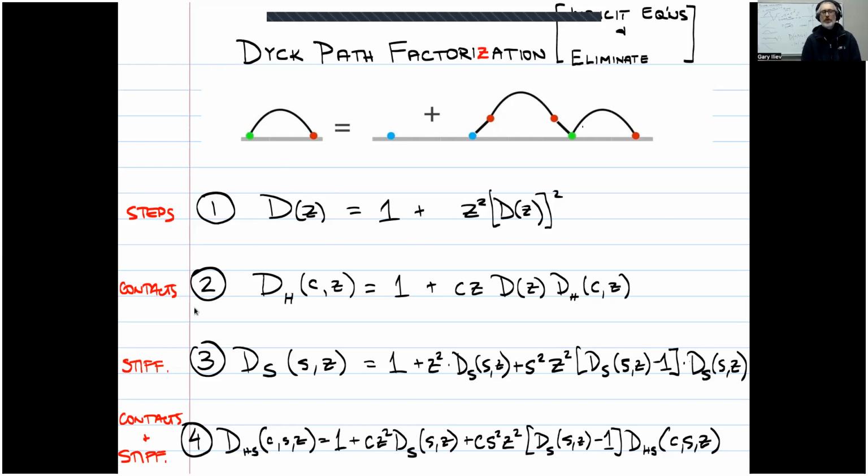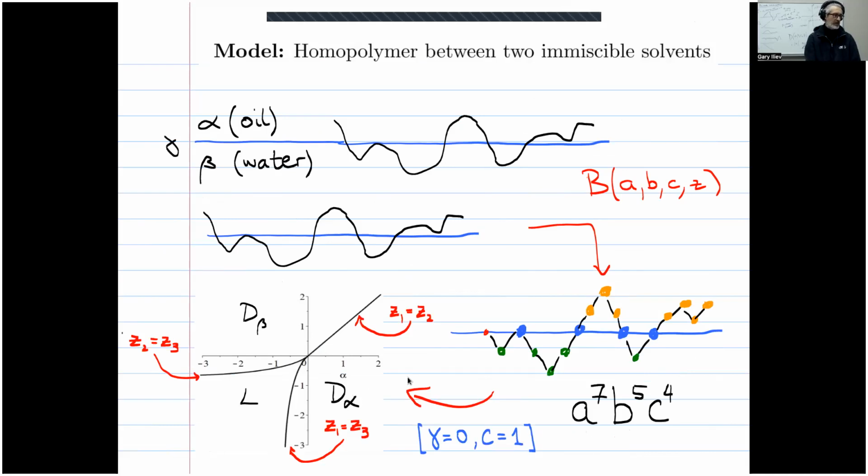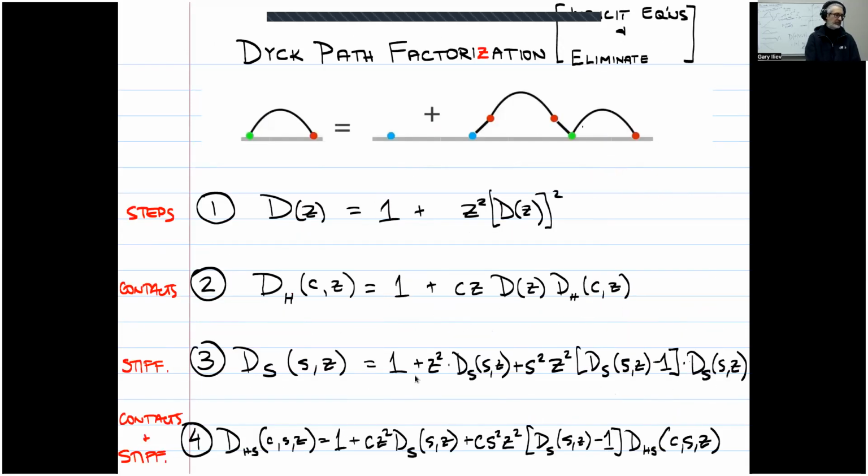So in equation 2, for example, I weight contacts with the surface, and I use the variable C here. So that's my decoration, if you want to think of it that way, for anytime the walk hits the surface. And you can read this off as it's either the empty walk, which is this blue, whoops, apologies, gone the wrong way. There we go. I've ruined my surprises. So you can see the empty walk here is this blue. And then if the walk continues, then it must take a step up.